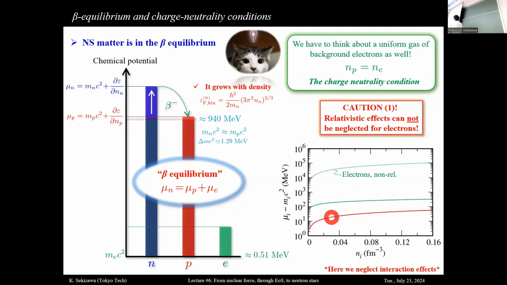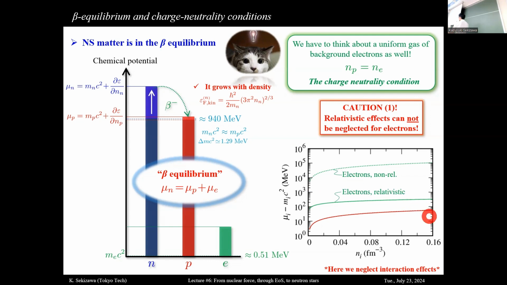If you apply just the non-relativistic formula, as given here, for the electron gas, since the electron's mass is much, much smaller, the denominator has a much smaller value, and you get a much larger Fermi energy.